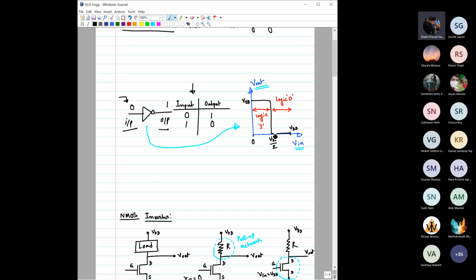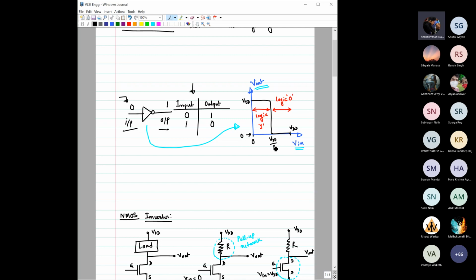And if you apply any voltage beyond VDD by 2, that is in this region from VDD by 2 till VDD, then you are expected to get an output voltage which is equal to 0, which indicates the logic 0 level, right?